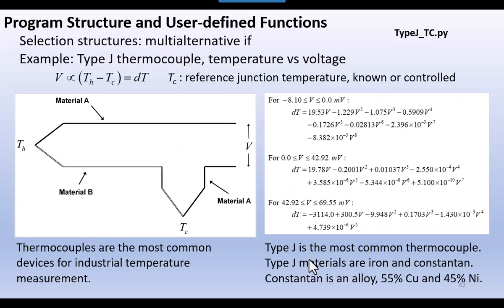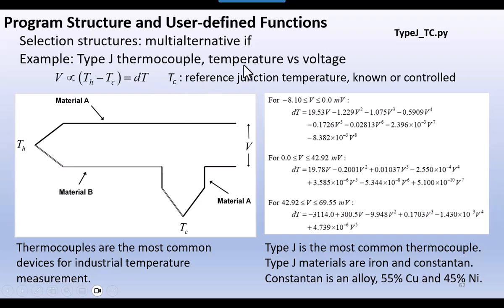So here's an example, and here we're looking at an instrument to measure temperature, which is called a thermocouple, and it has a particular type that's associated with it, and this one is called type J. We'll describe that in a minute.